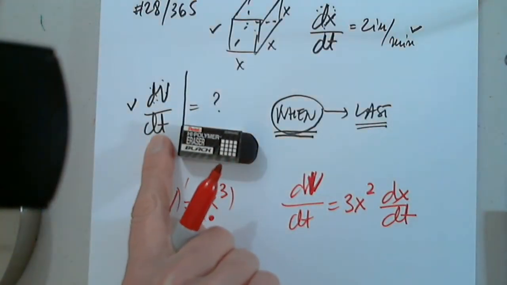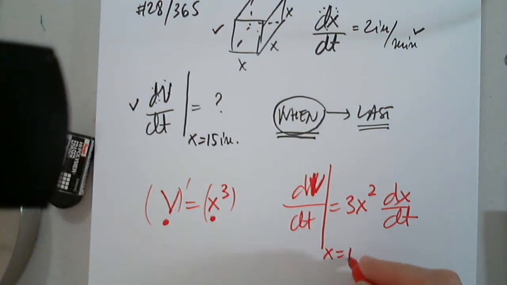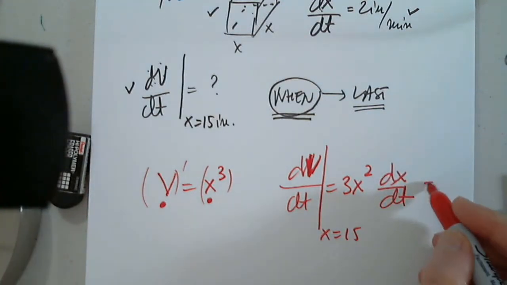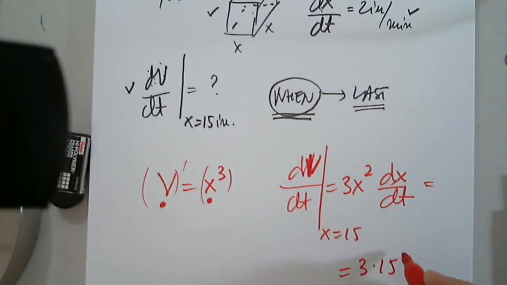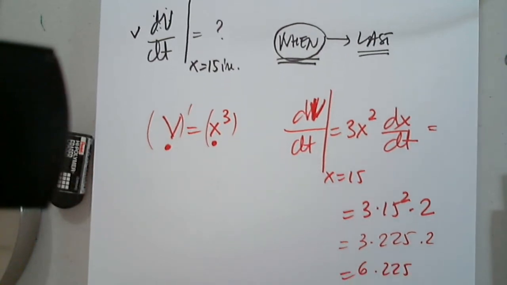That's what I'm asked to find when x equals 15. And dx over dt is given to us as 2. So then I have 3 times 15 squared times 2.